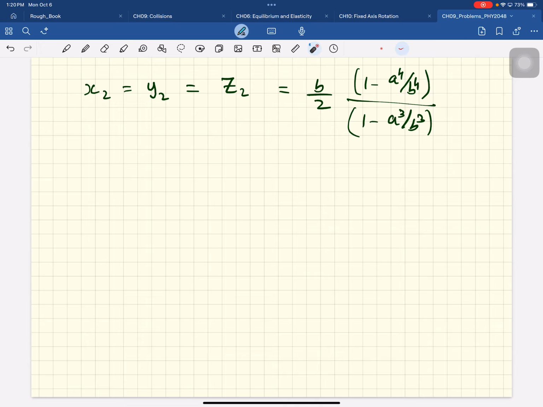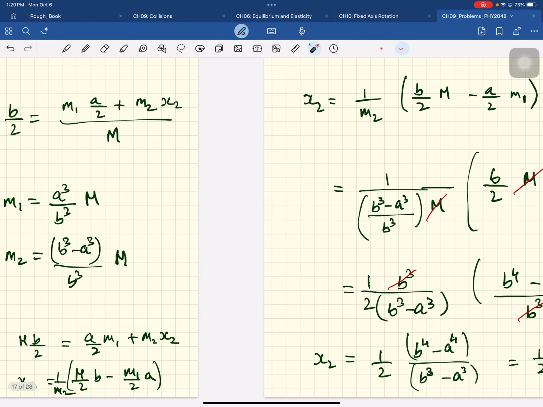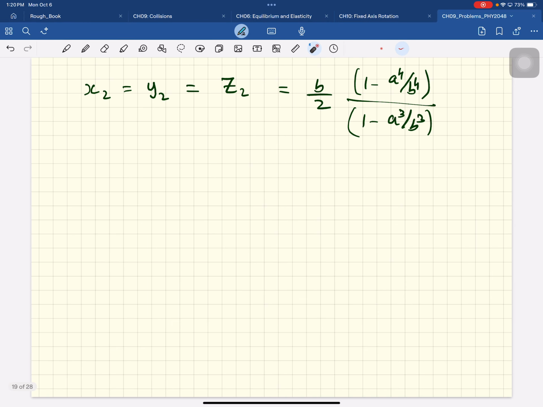Now let's look at this expression. If you want the center of mass to move to the right, you want that number to be greater than 1. What is A by B?